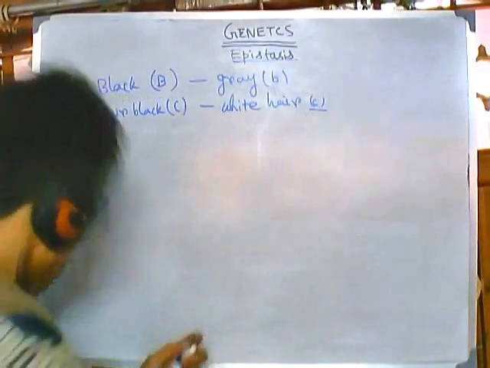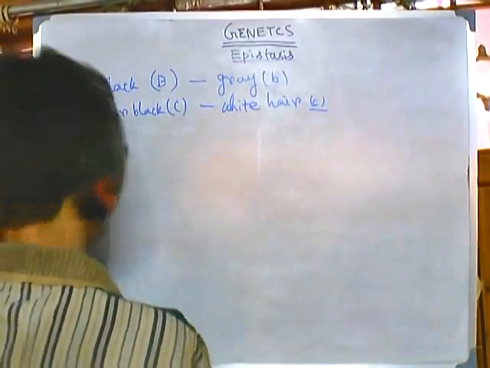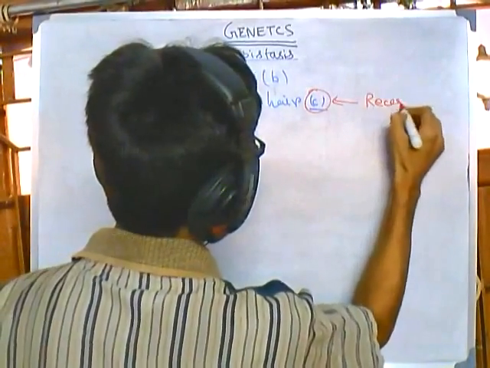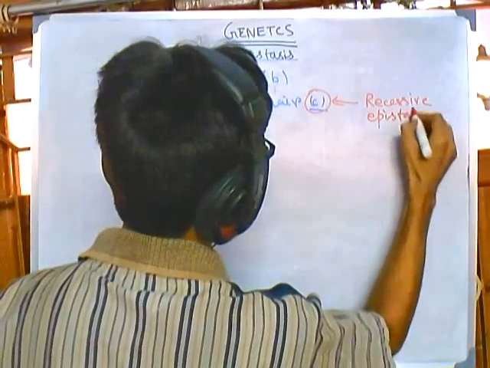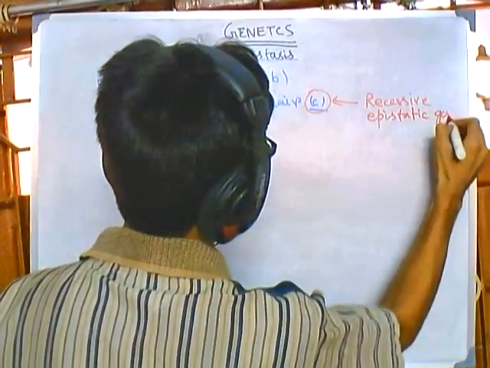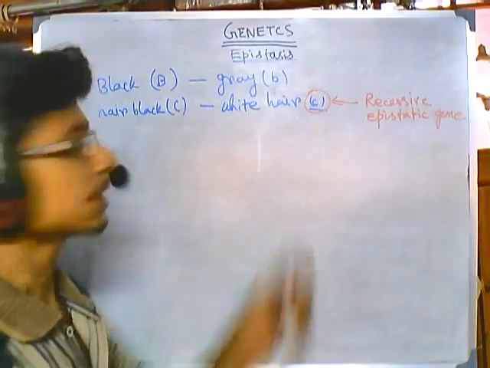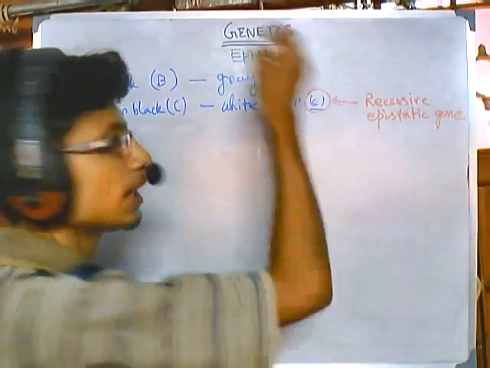Now here it says that this C is the recessive epistatic gene. Now what do we mean by recessive epistatic gene? Recessive epistatic gene means the epistatic gene which is recessive. That means this is epistatic over another set of genes.